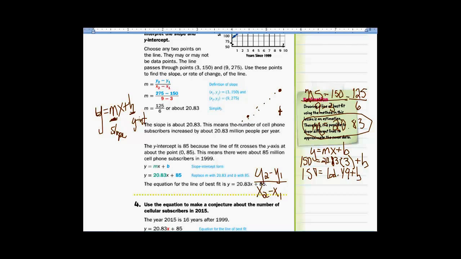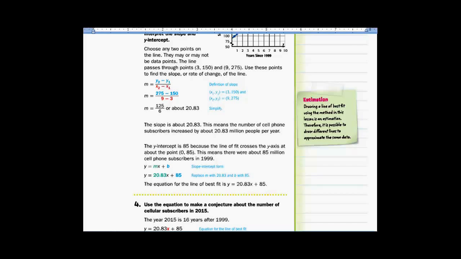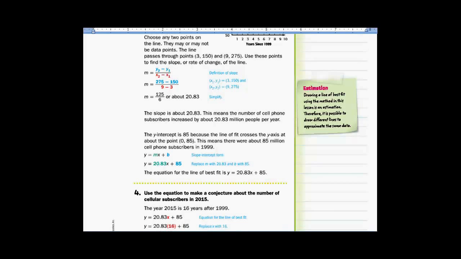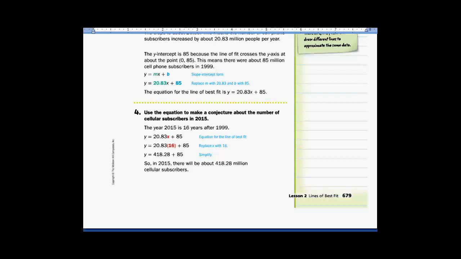Okay, let's clear this one off. A few more examples here. Use the equation that we just made, y equals 20.83x plus 85, to make a conjecture, to make your hypothesis, draw your conclusion about the number of cellular subscribers in 2015.